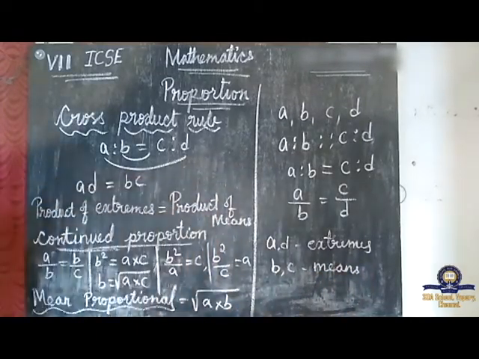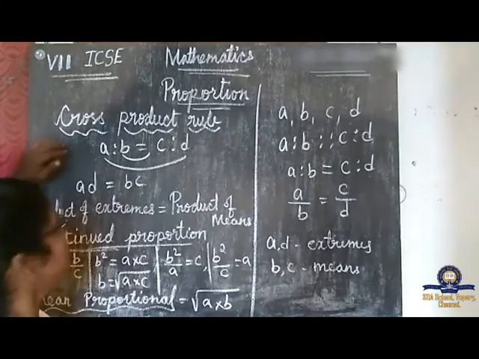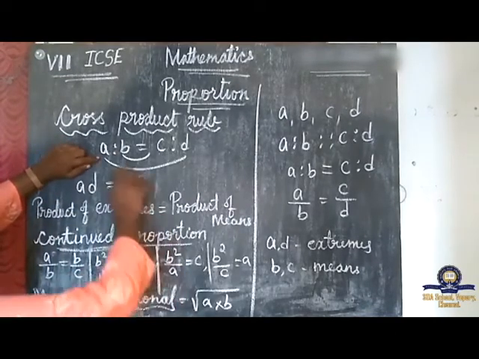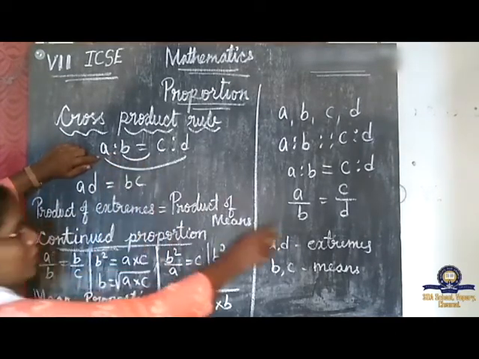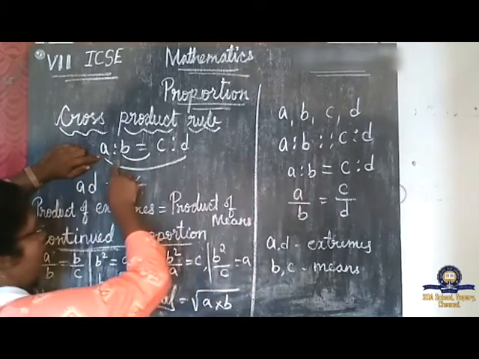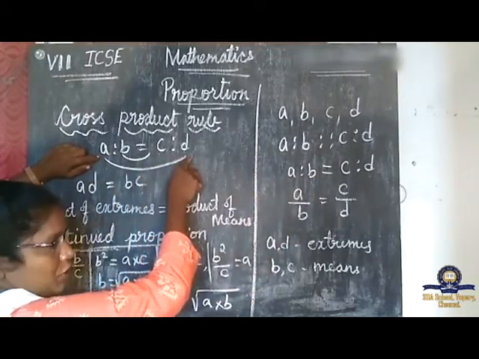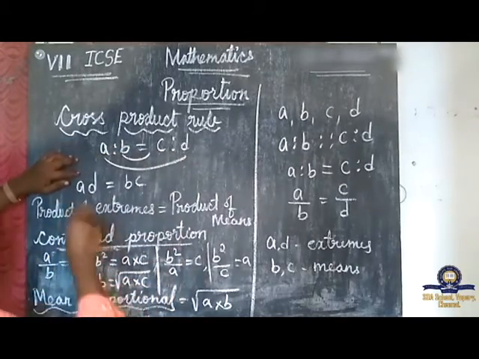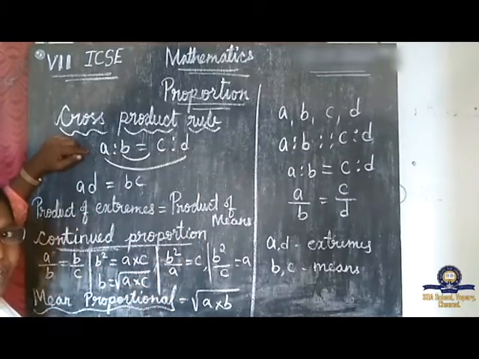Okay, let's move to the cross product rule. We know that A is to B is equal to C is to D. Two ratios are equivalent here. So now I am taking the product of extremes.